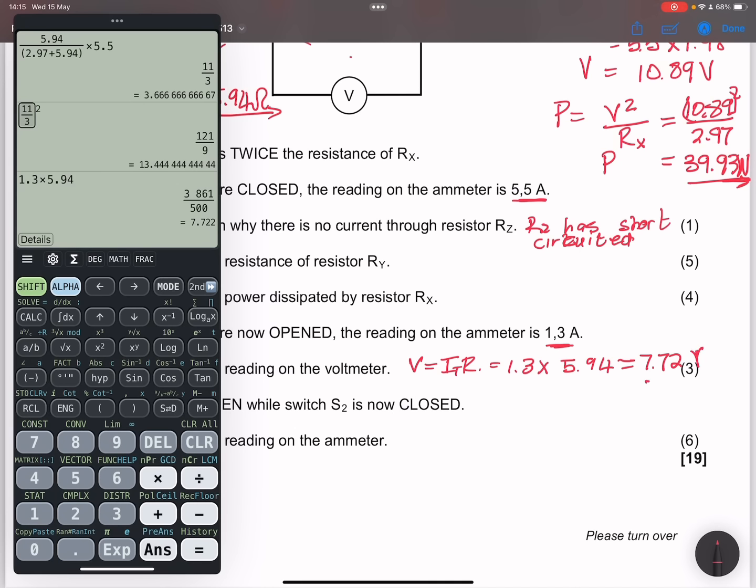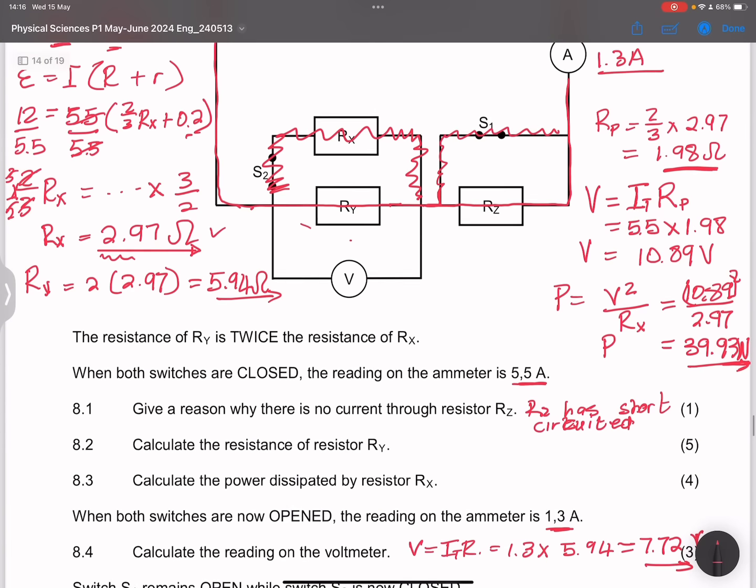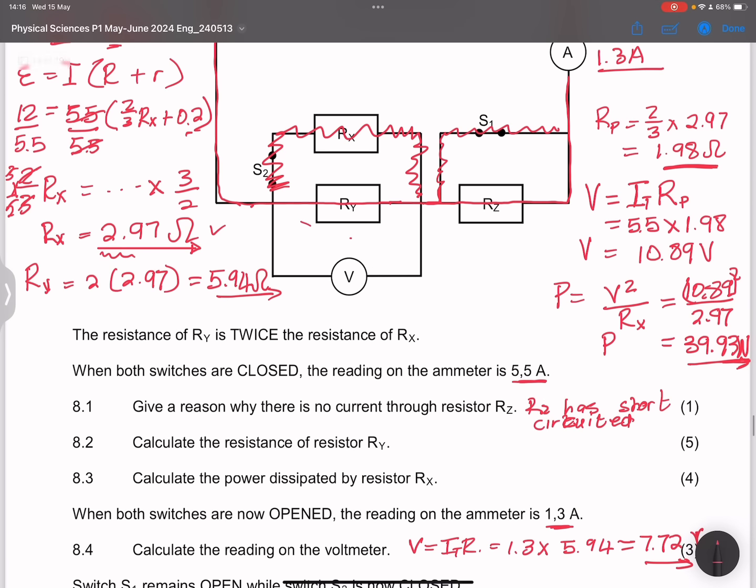So that's our voltage reading over there. Now they say to us, switch S1 remains open. We're dealing with so many gymnastics here. So switch S1 is still open, which means we still have current flowing through Rz.